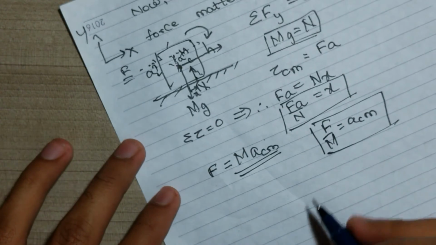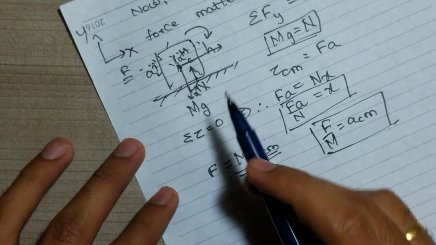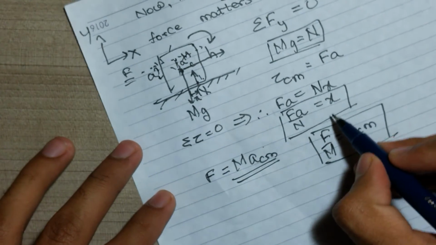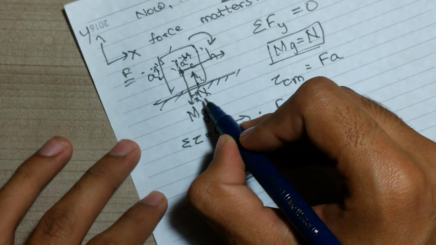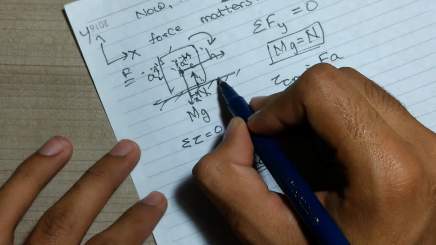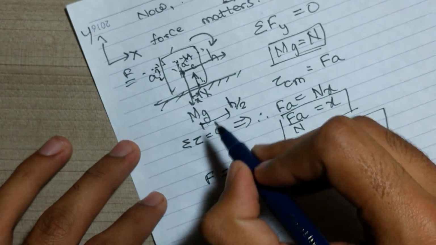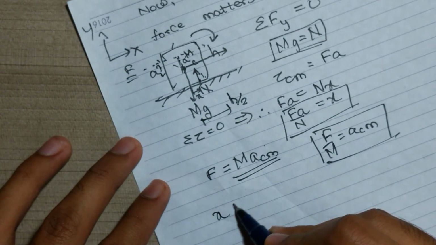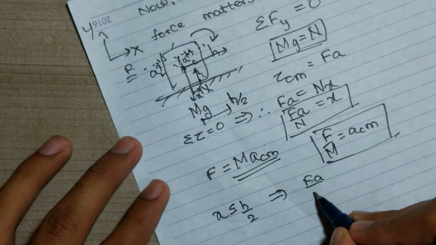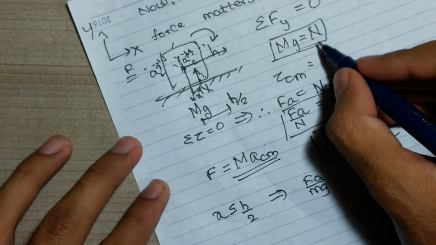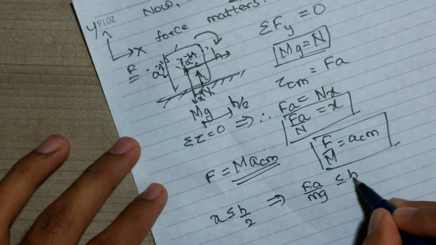Now we want to know the maximum force which can be applied so the block doesn't topple. We'll say that this x has some limiting value. As this is a cube, x cannot extend beyond h by 2. So x cannot be greater than h by 2. Therefore x is always smaller than or equal to h by 2, which implies Fa upon mg, where I substituted N as mg over here, is h by 2.